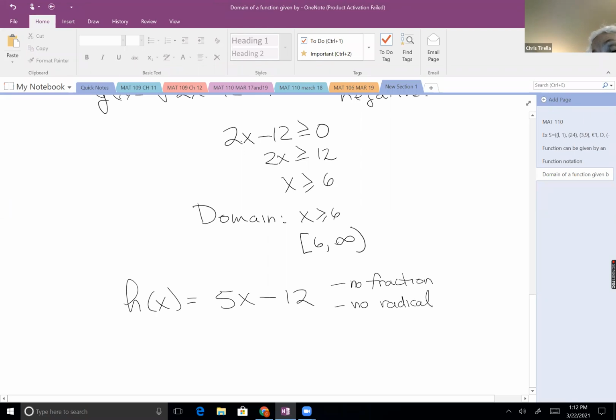So I don't have to worry about taking the square root of a negative number. And so the domain, there's nothing to watch out for. So it will be all real numbers. Or we can think of it as the interval from negative infinity to infinity.